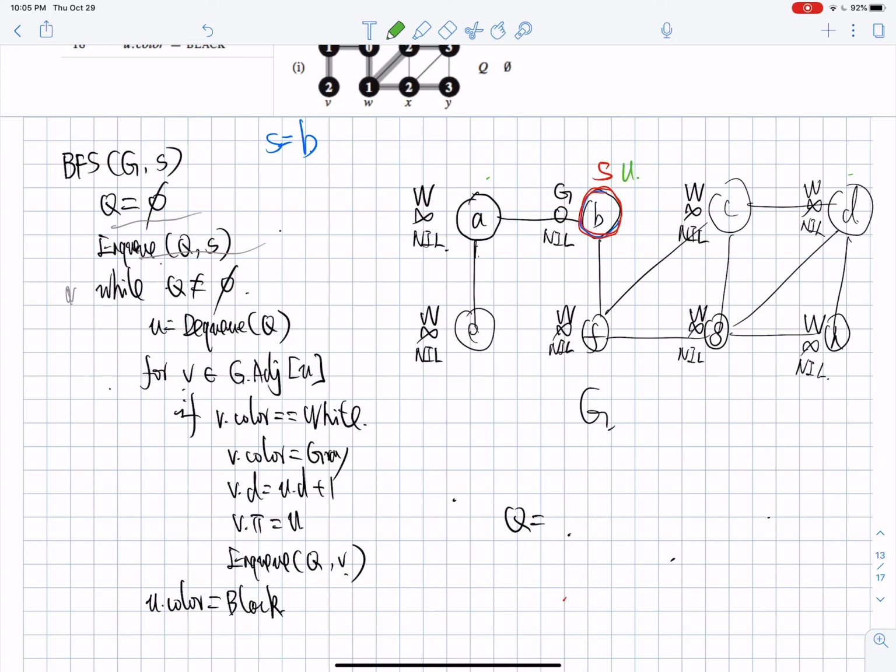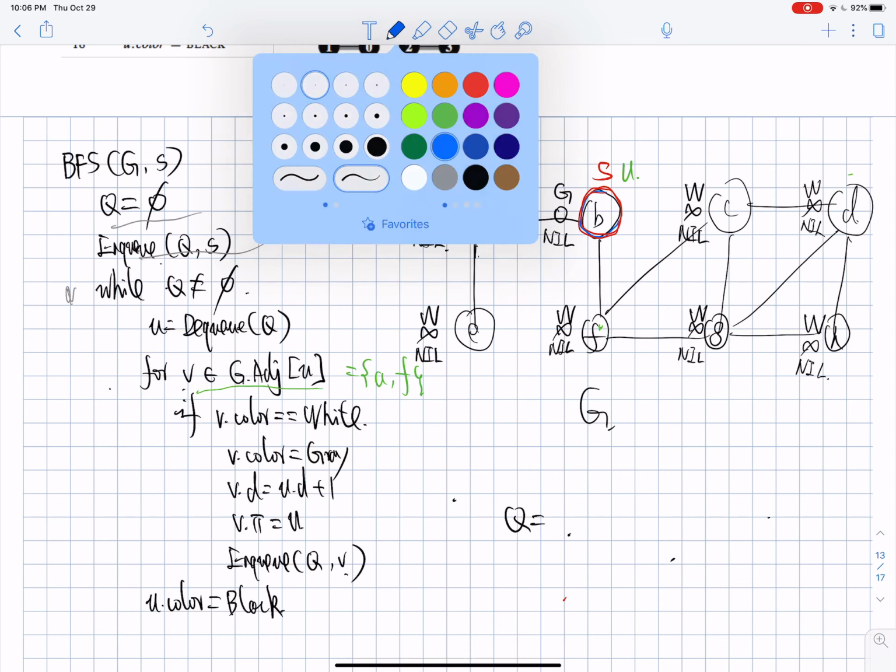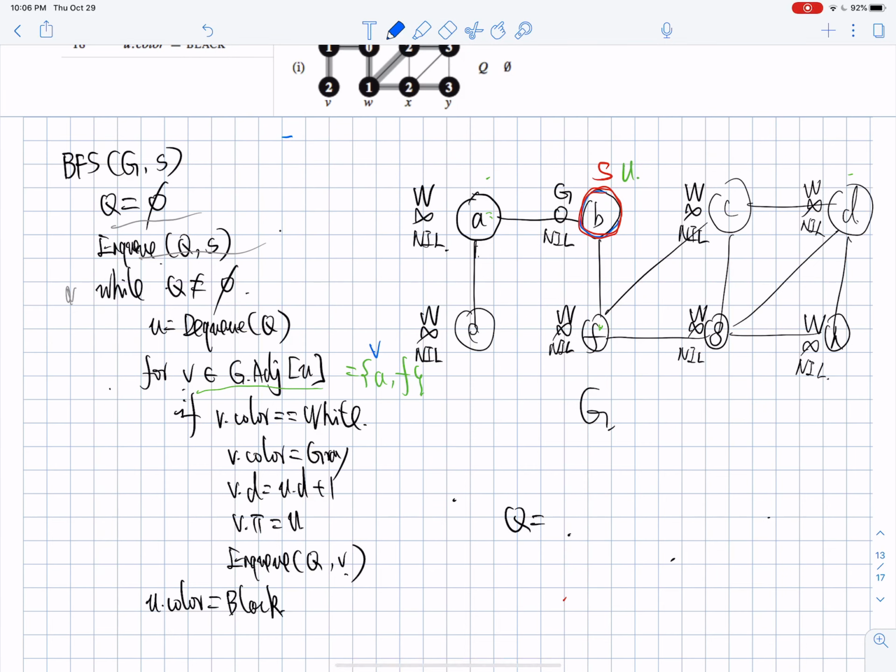And for each v that is a neighbor of u, the neighbors of u include A and F. So we have A and F. First, let's have v as A. I put v over here. This is the node v.